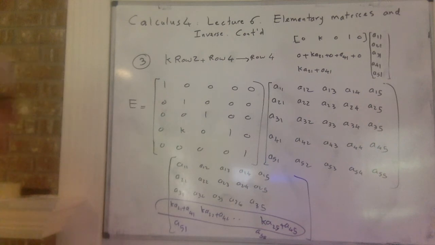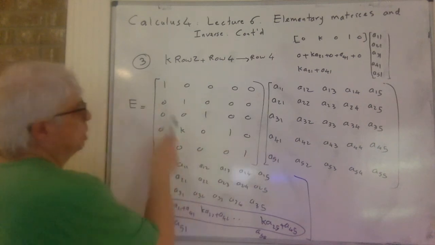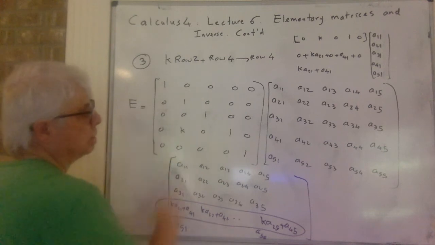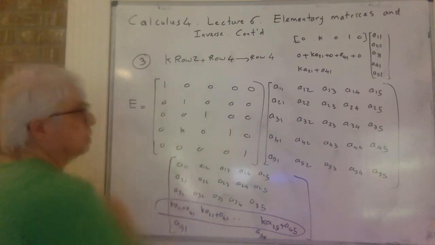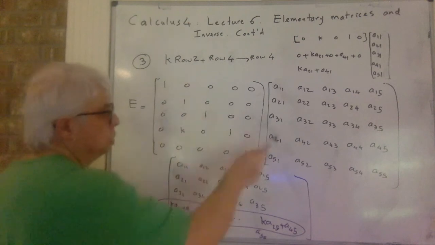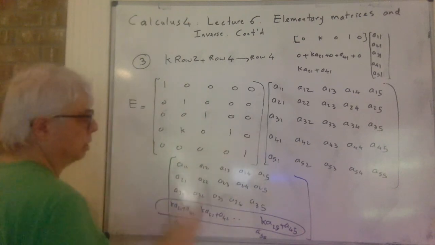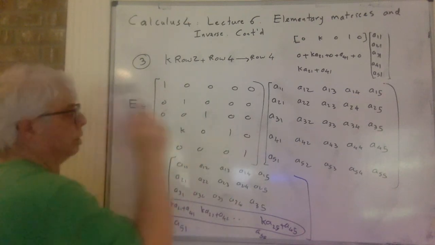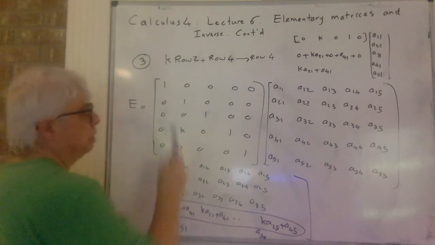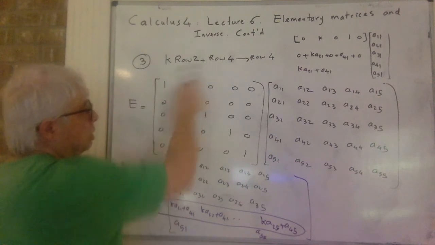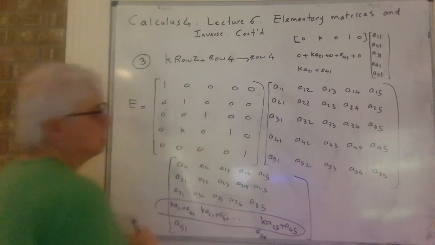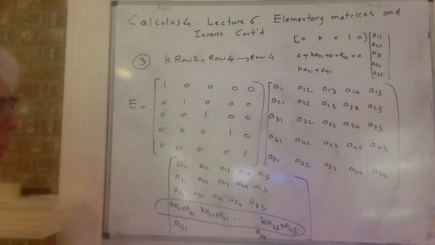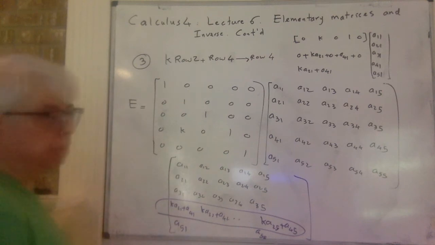So it seems that multiplying this matrix by this elementary matrix has the same effect as applying this row operation to this matrix. So let me say it again. Pre-multiplying this generic matrix by this elementary matrix has the same effect as applying this row operation to this generic matrix. So row operations can be performed by matrix multiplication, right?